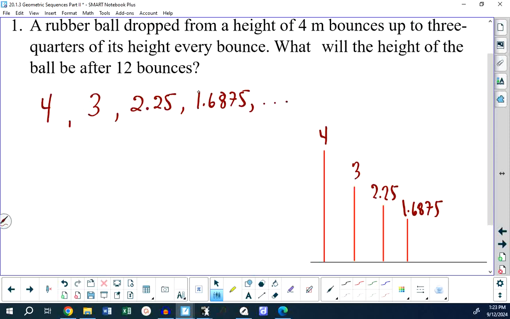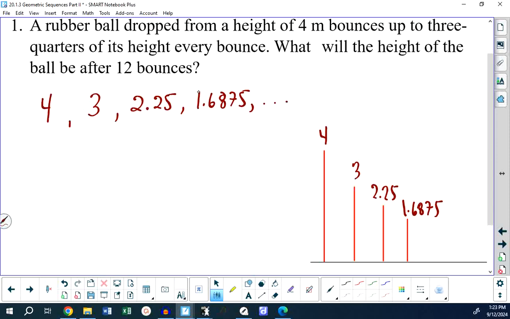The question says, what will the height be after 12 bounces? Now, I guess we could continue to do it this way, but we're a little more sophisticated in stuff like this by the time we get to grade 11 math. The issue here is this.